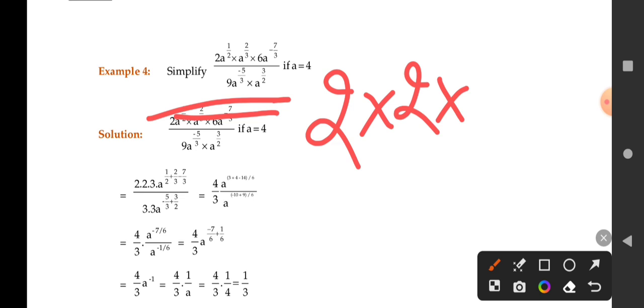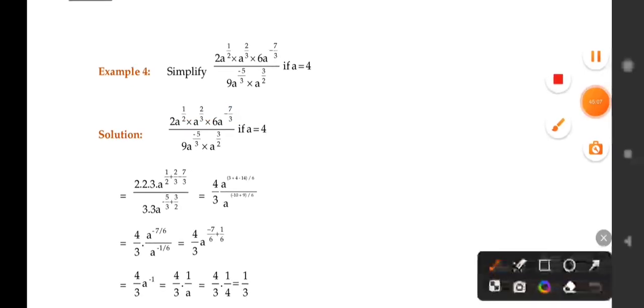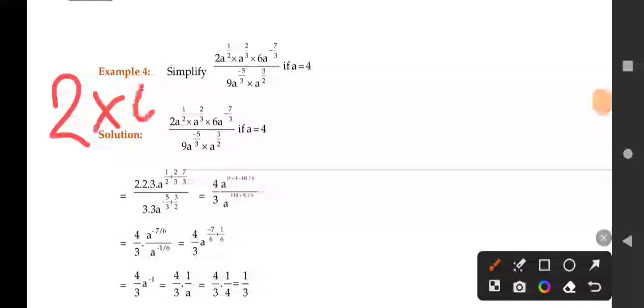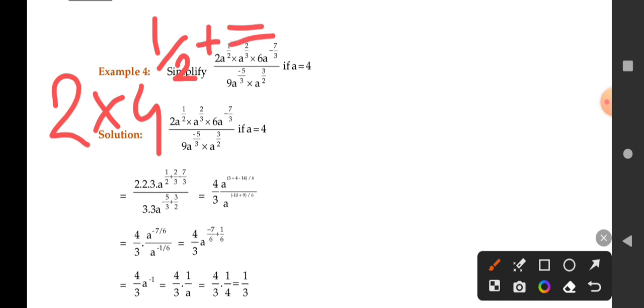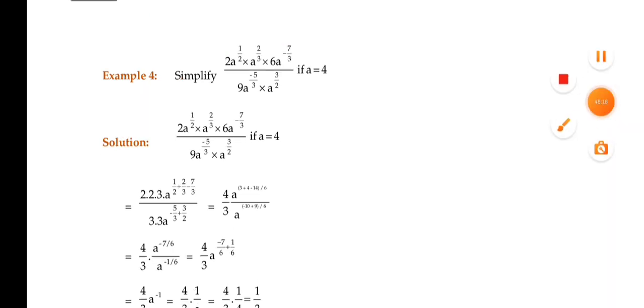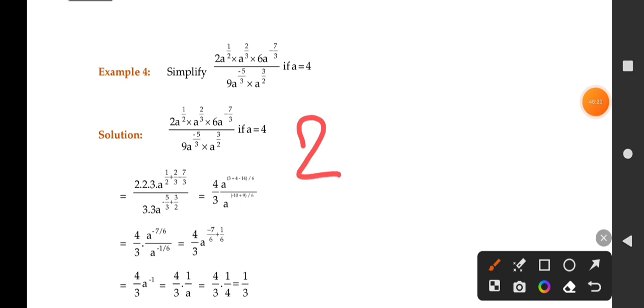And what do you have? 2 into 4 raised to 1 by 2 plus 2 by 3. Let's take all the constants to the left hand side. 2 into 6. Hold on, just a minute.